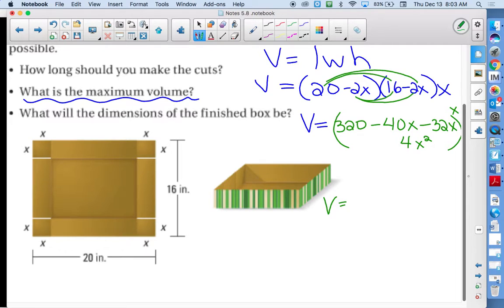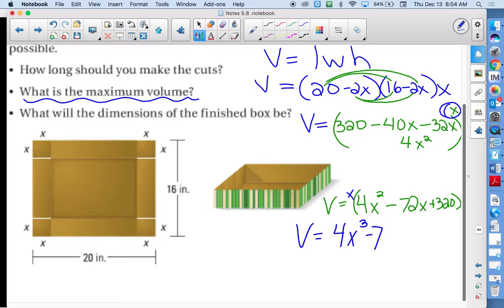So we have 4x squared minus 72x plus 320. And that's all times the x that was originally there. I'll just bump mine in front. So 4x cubed, 72x squared, 320x.